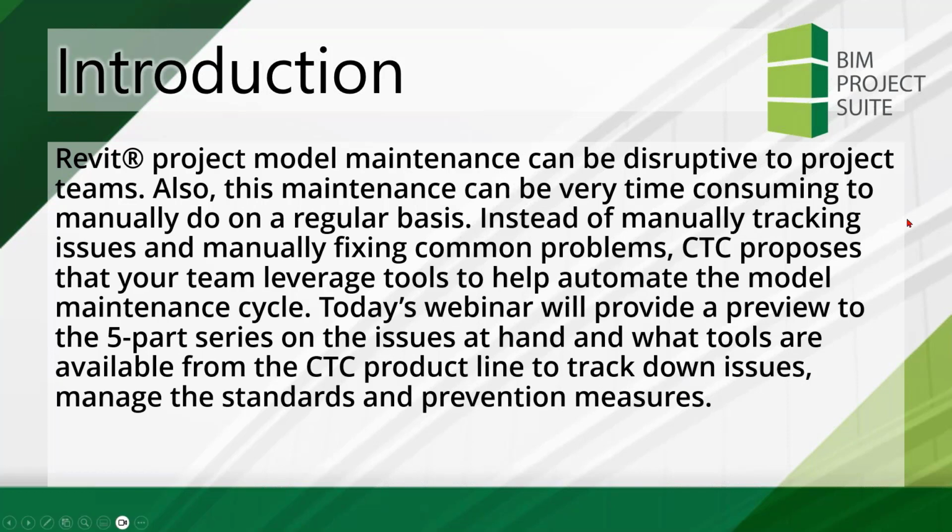And we have at CTC a number of tools to help you, the user, the BIM manager, director, figure out what's wrong, fix it, and then ways to kind of deploy a standard and hopefully keep things from happening.